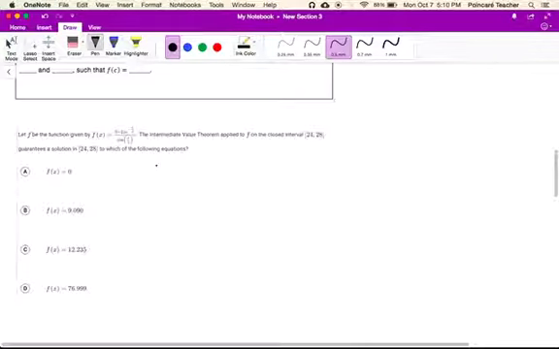So for this problem, most people went into the process and just found f of 24, and when you plug in f of 24, you get approximately 10.06, and then if you find f of 28, you should get 66.193.